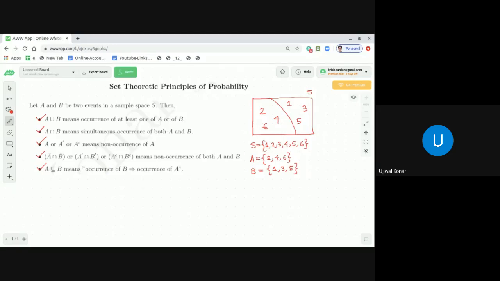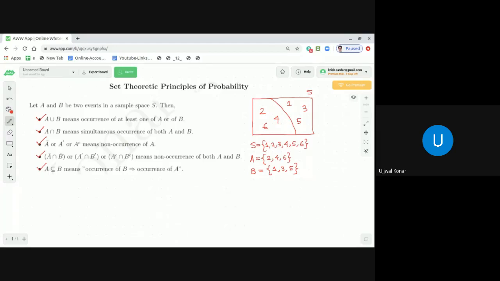Getting an even face. What is event B? Getting an odd face. That is related to the random experiment called throwing a die. Now, what does A union B mean? A union B means occurrence of at least one from the even number set or from the odd number set.